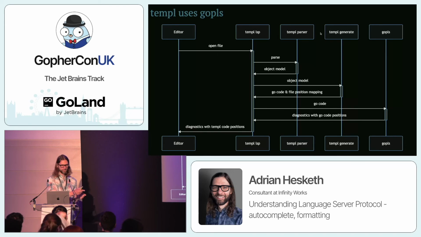It then communicates with gopls, the Go language server, and returns the results back and remaps those positions. And what that allows it to do is make use of the Go language server. So you can do that with other languages as well. If you have a programming language or a templating language that wants to drop into other sections, you can proxy in between different LSPs if you wish.